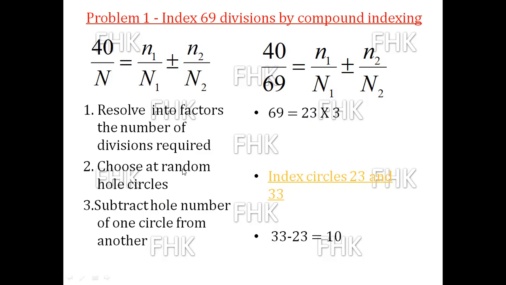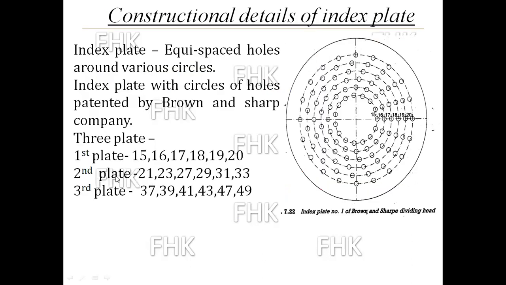Second step, choose at random whole circles. You have to choose in such a way that one number should be present in these factors, that is 23. So in the index plate I will select randomly 23 and 33, in a single plate. Here, in the first and second plate, I am using 23, which is the first factor of 69, and randomly I will select the number 33.